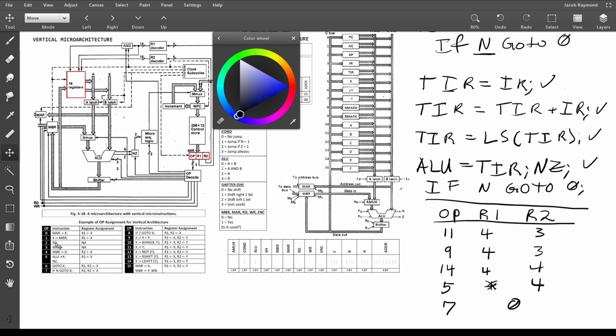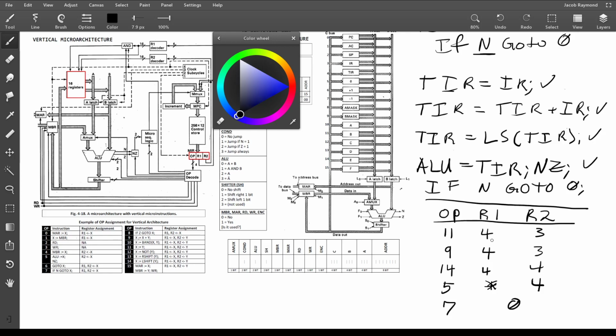With the read, if you put a 2 in the op here, and the 2 comes into this op decode here, and it goes out into the control lines, all it's going to do is light up this read line over here, and that's it. It's going to do absolutely nothing else. So it doesn't matter what R1 and R2 are, because nothing's going to happen in the CPU anyways. It's all safe.